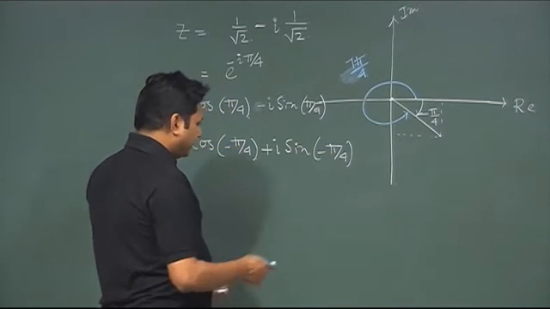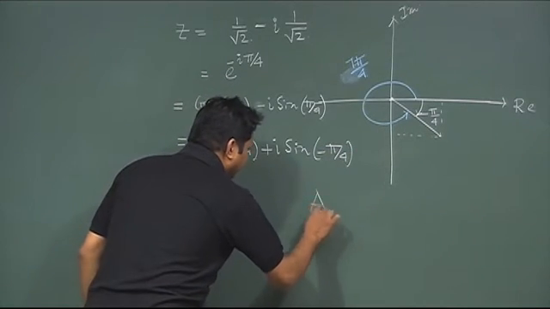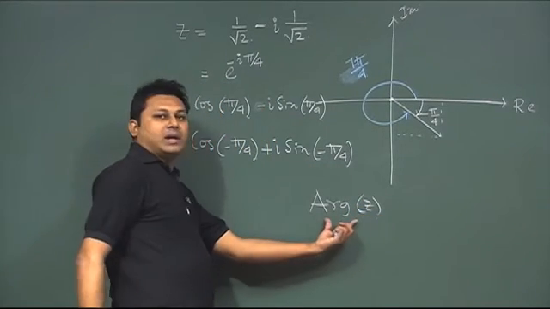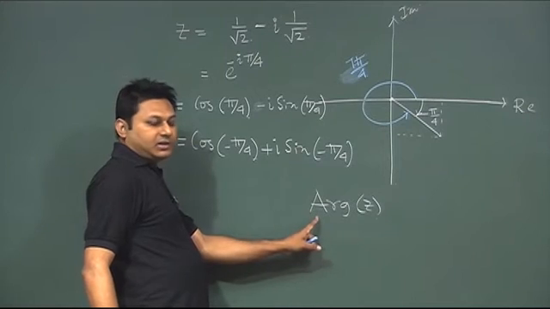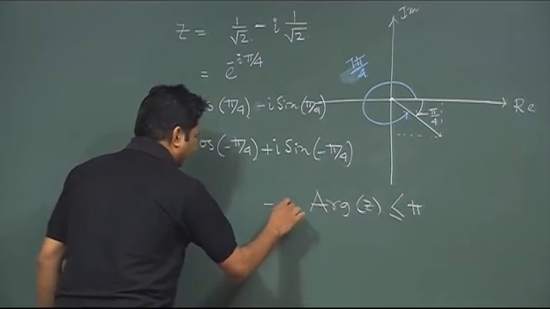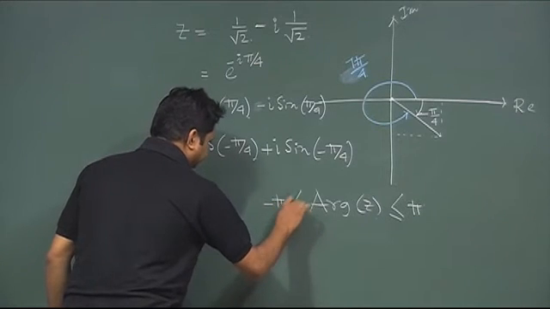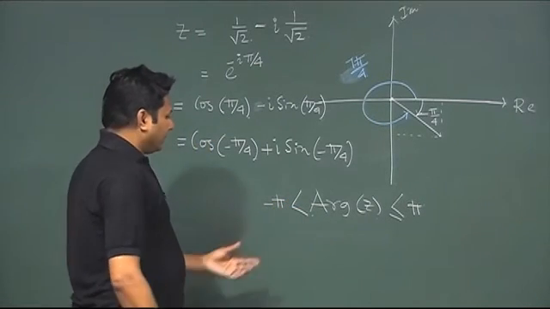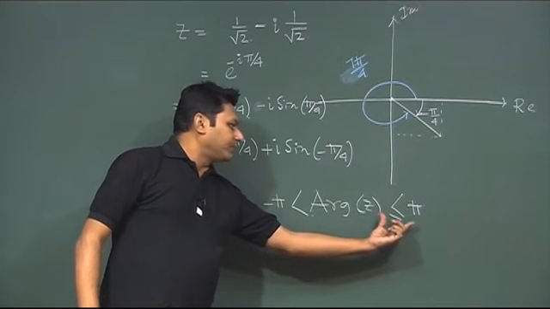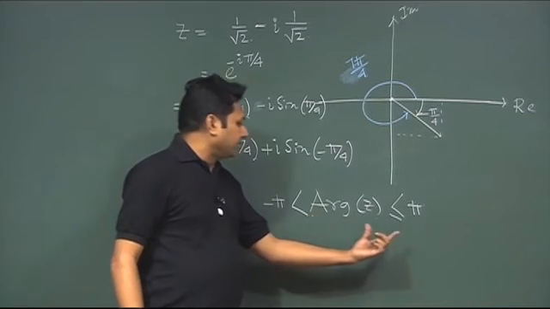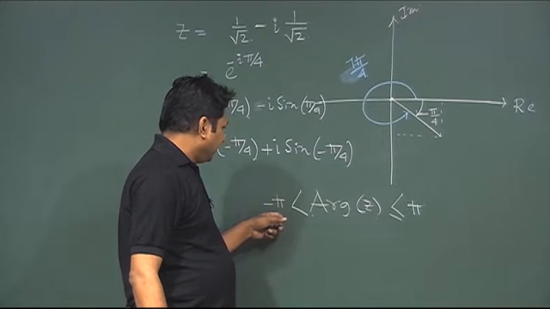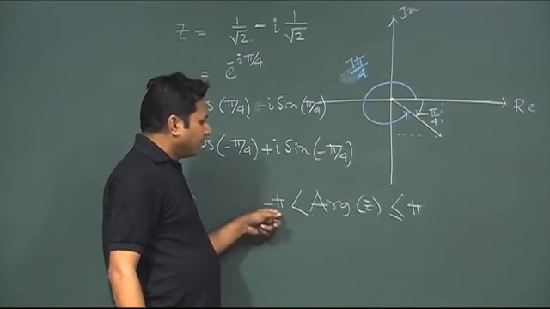You should remember that the argument of z, which is the principal argument, that is why the big A is associated with it, should be greater than minus pi and less than or equal to pi.